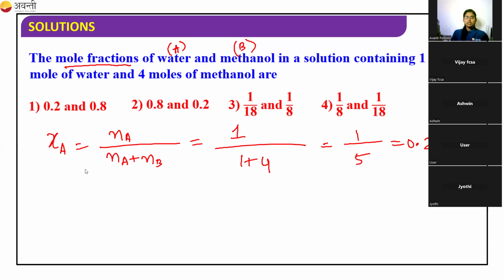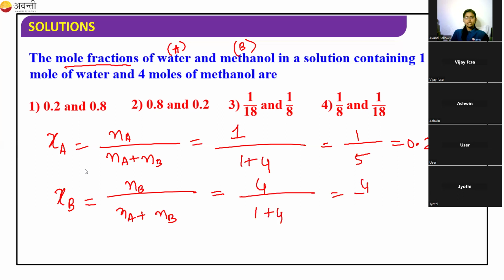Next, coming to XB, it is NB divided by NA plus NB, right? The number of moles of B is 4, divided by 1 plus 4 again. So it is 4 by 5, which is equal to 0.8.